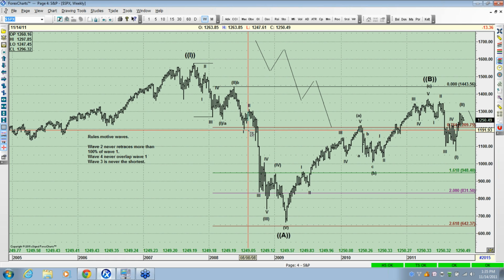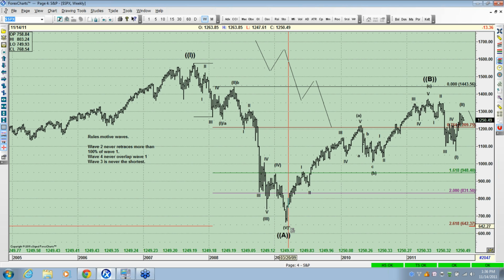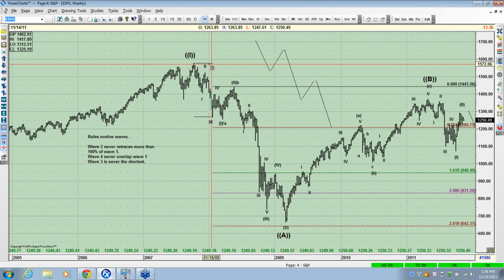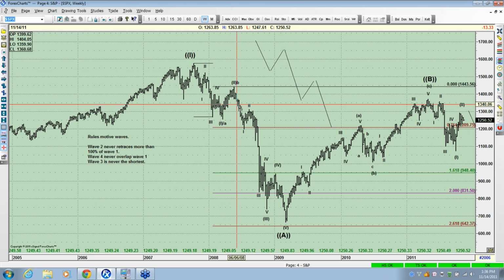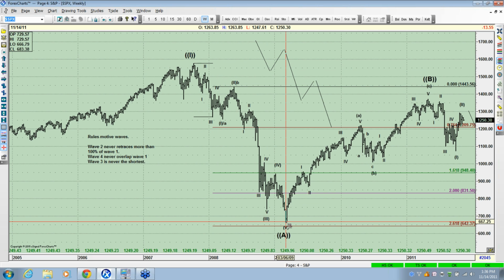In other words, wave 3 is going to be 1.618 bigger than 1, wave 3 is going to be twice as big as 1, or wave 3 is going to be 2.618 bigger than 1. There are other extensions like 3.236, 4.236, or 6.618. But well, most of the time it ended around this area right here of wave 1.